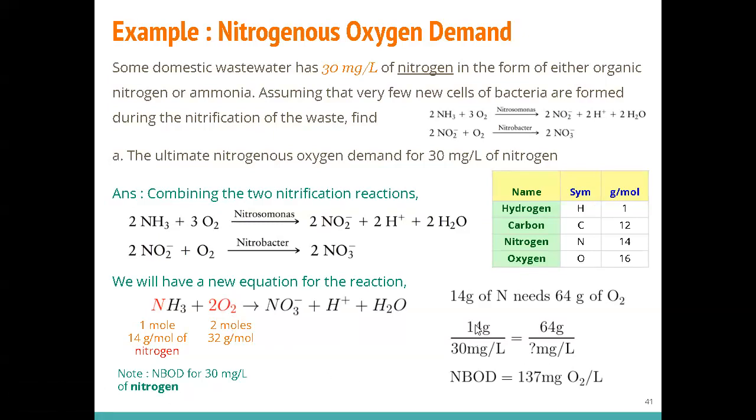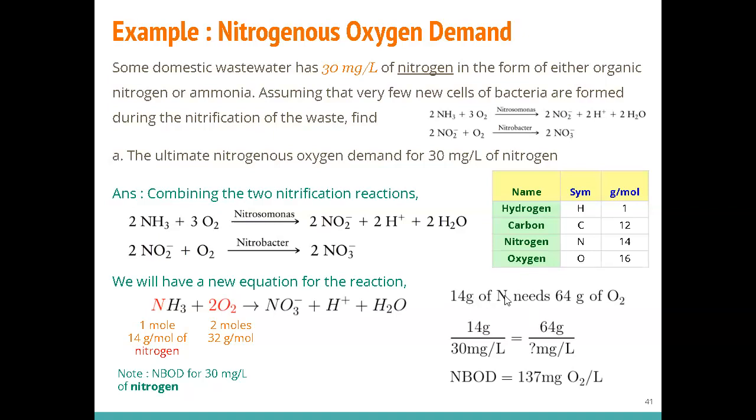It's very simple. 30 milligrams per liter is given by your question, over 14, and 64 is the molecular weight of oxygen here: 32 grams per mole of O2, times 2 would be 64.